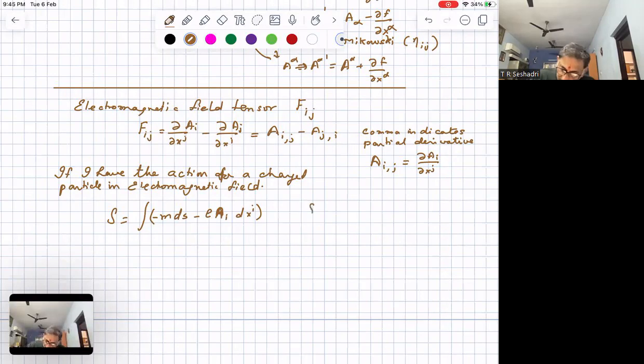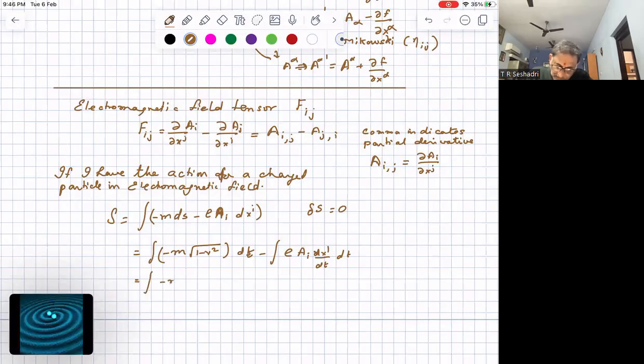Now, if I vary the action, S equal to 0, I can write this as minus m square root of 1 minus v square, the way I did earlier, ds, minus integral ai dxi by dt dt.